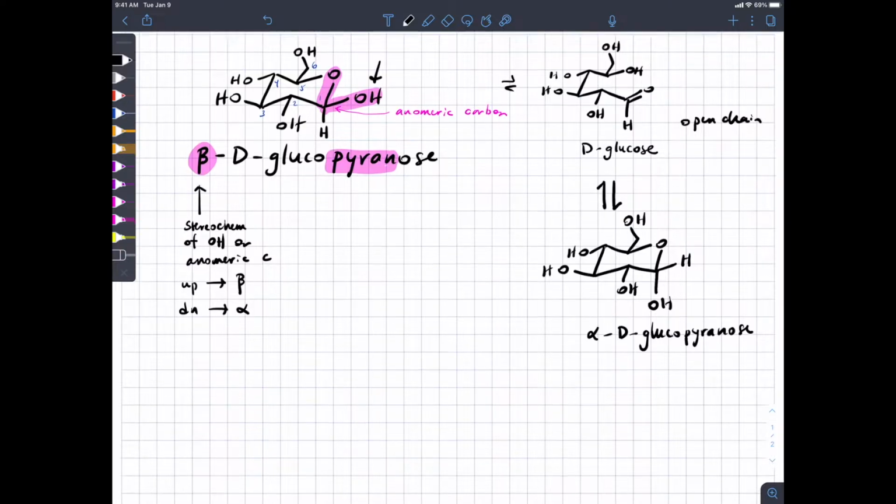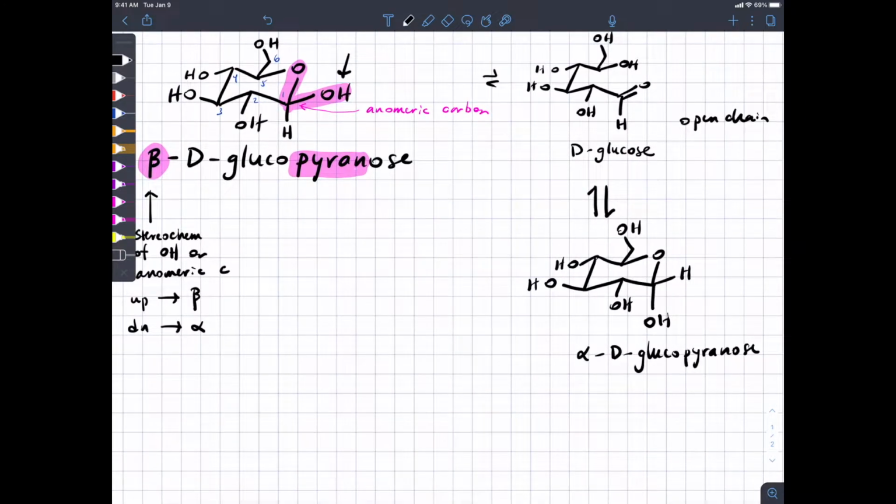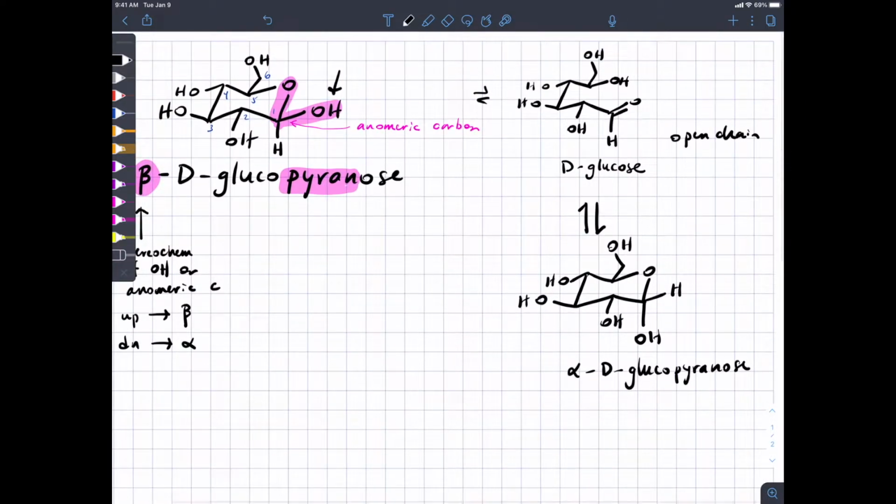And you can see that it's possible to interconvert these forms simply by rotating around this bond between carbons 1 and 2, such that when you form the cyclic hemiacetal, this oxygen attacks the carbon, and the carbonyl oxygen's down here. Okay?